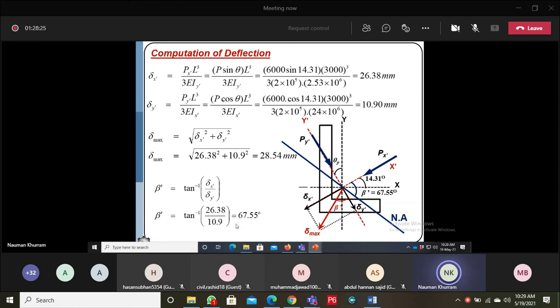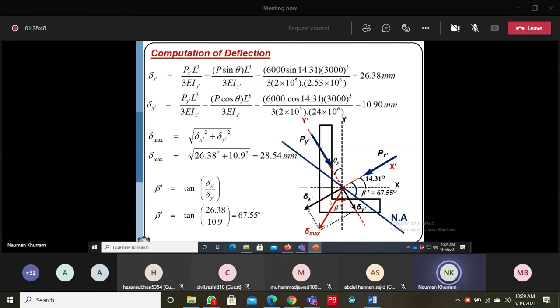If you compute the value, this answer will be exactly the same as the orientation of the principal axis. As I have already explained, you can also determine the orientation of the principal axis from the deflection formula, because deflection formulas are also derived from the flexure formula, or from bending theory.